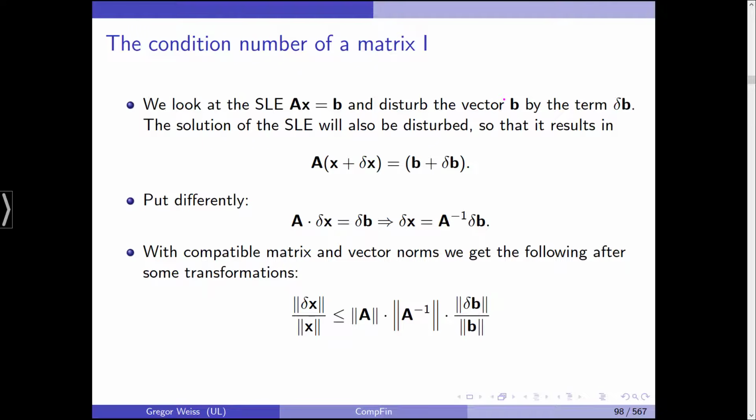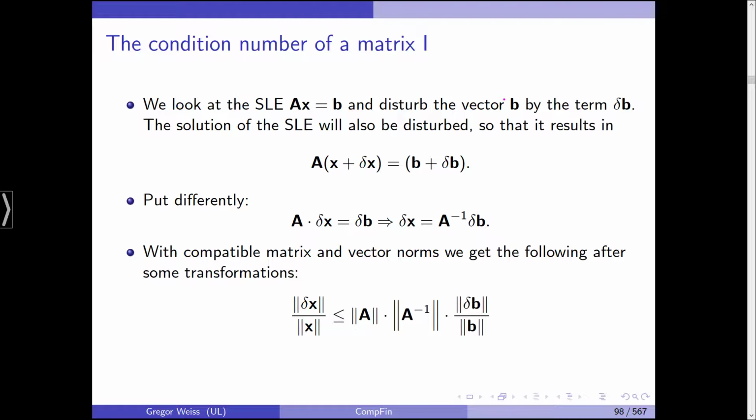With compatible matrix and vector norms, we get the following after we do some transformations. The norm of delta X divided by the norm of X is smaller or equal than the norm of A times the norm of the inverse of A times the relative disturbance in the coefficient vector B. That's the norm of delta B divided by the norm of the original vector B. As you can see here, this is basically what we've seen before as the condition number of a problem.